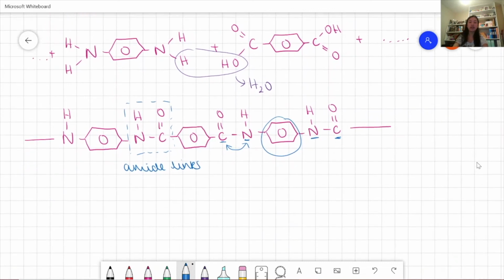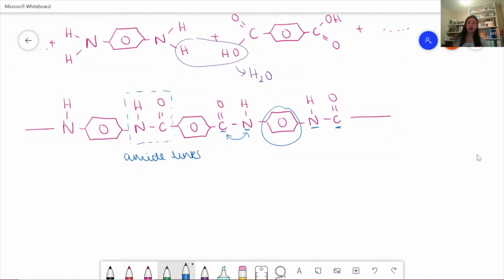And so working out the repeating unit of this would be if we started here, and then you scan along to see when it starts to repeat. And so this section here will be the repeating unit.